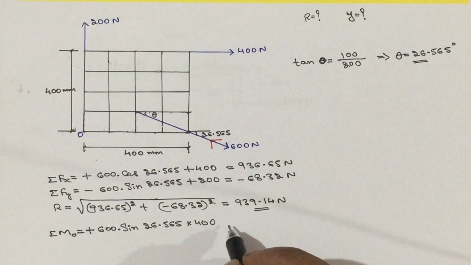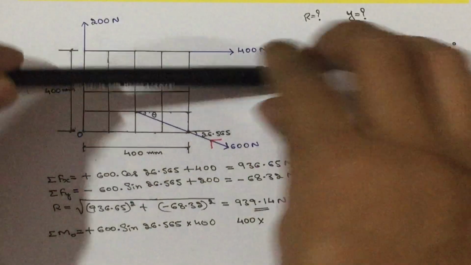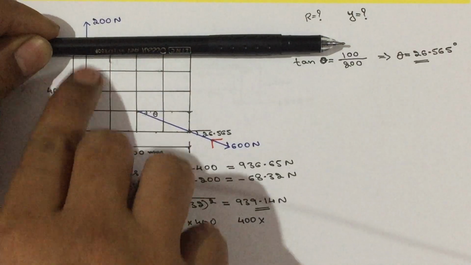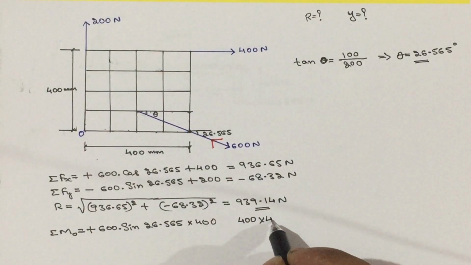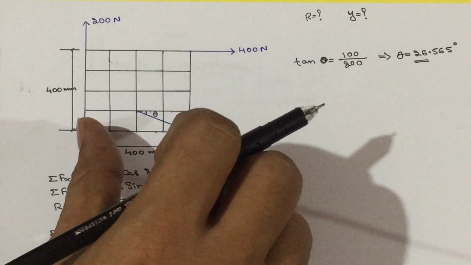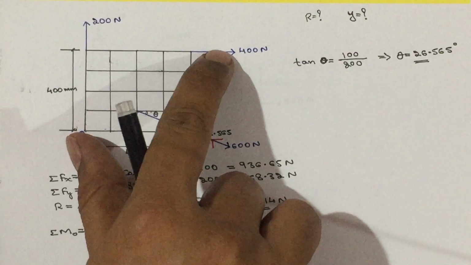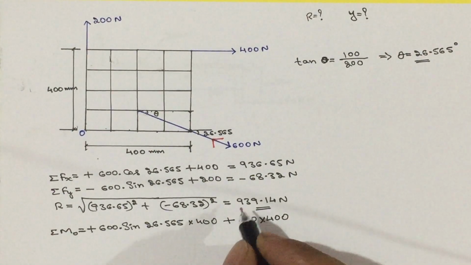Then we will go with 400 into the perpendicular distance between this 400 Newton force and the O point, which is 400 mm. Keep your thumb at the O and rotate your forefinger in the direction of the force. It is rotating in clockwise direction, so it is positive.